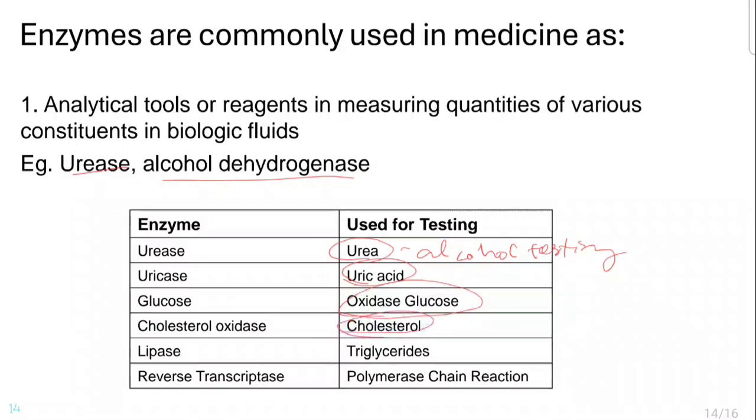Cholesterol oxidase is for measuring cholesterol. And lipase is for triglycerides, which are both fats. And reverse transcriptase is usually used for PCR, the polymerase chain reaction, which will determine the DNA of a microorganism or even samples subjected to PCR testing.